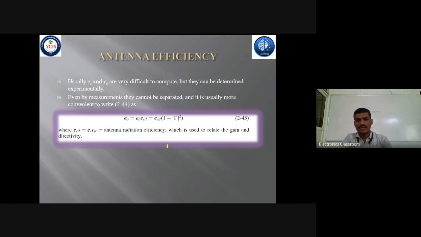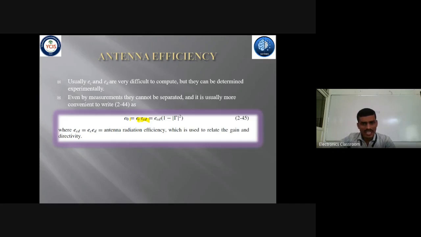When we go to the laboratory and follow some experimental process, we can calculate the conduction and dielectric efficiency combined, that is ECD, instead of separate calculation. Now we can rewrite the first equation, E0 is equal to ER into EC into ED, by using ER into ECD.